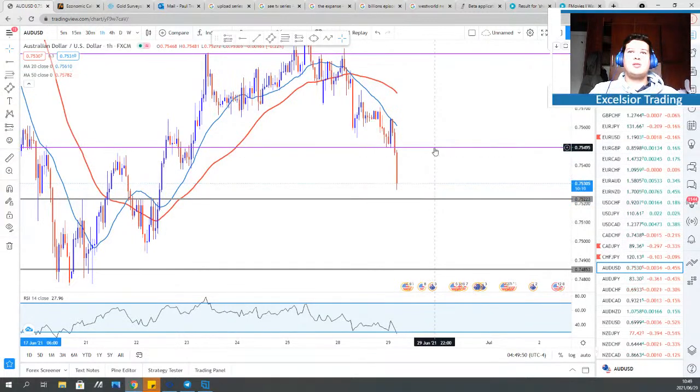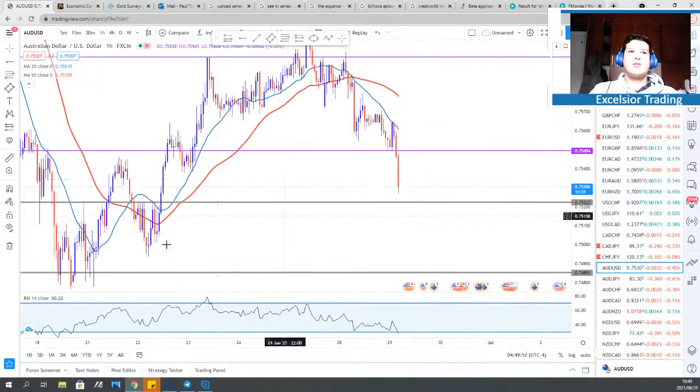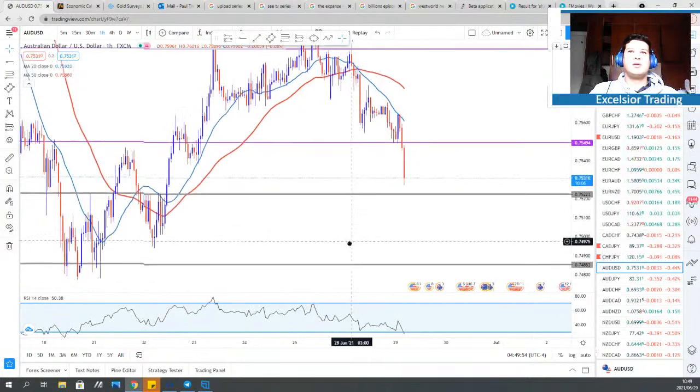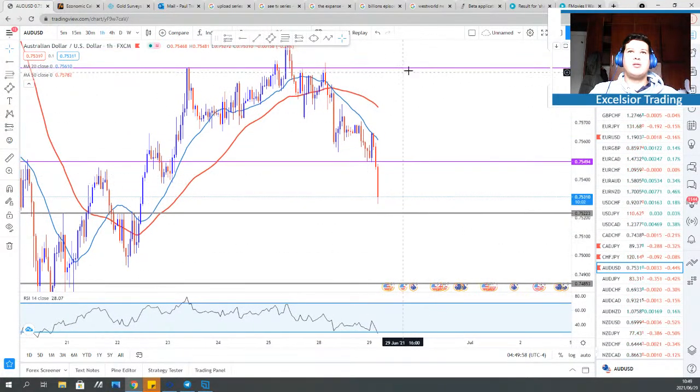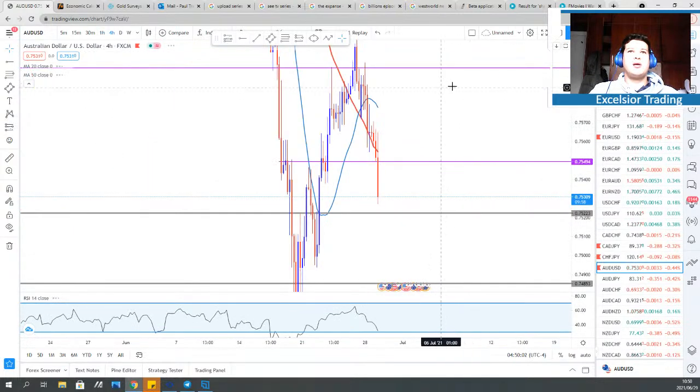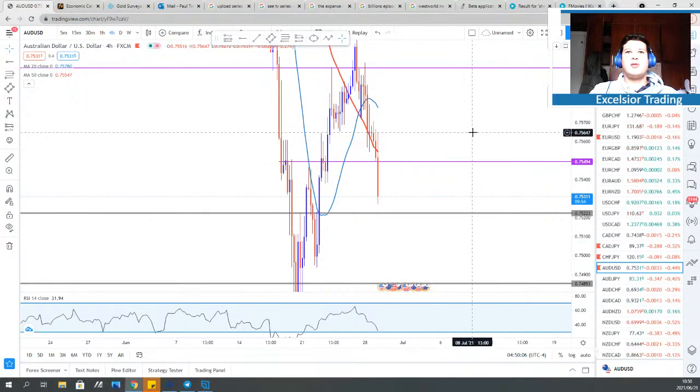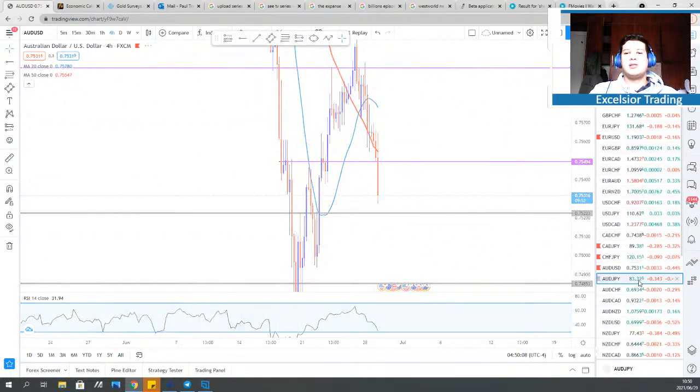Scalping AUD USD is not a good idea because of these huge wicks it leaves. But I'll mark AUD USD for a possible buy until here, then taking profit probably up here because this might just make a double top and then move to the downside. So we'll see what price does.